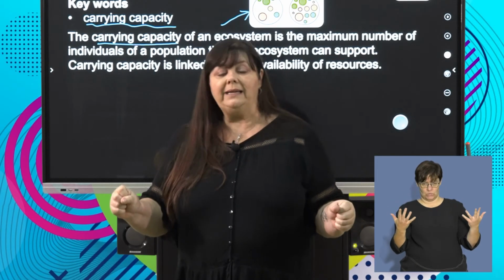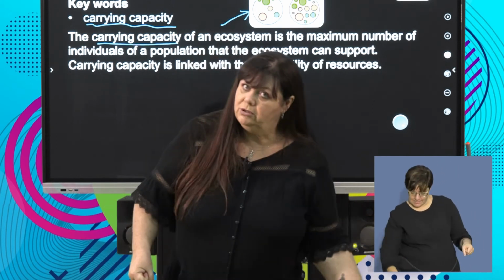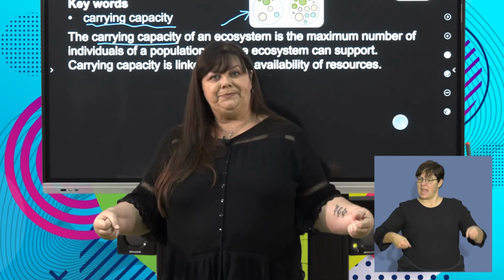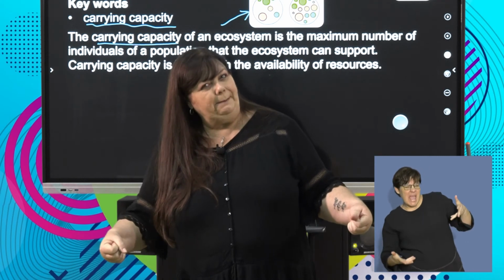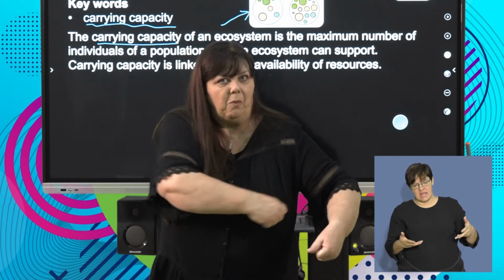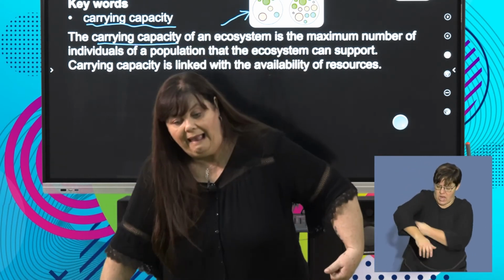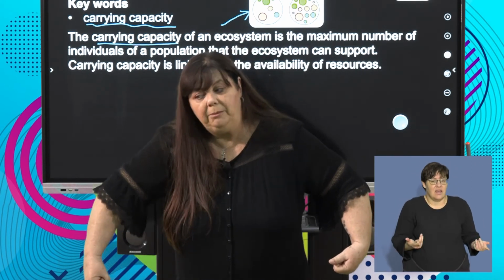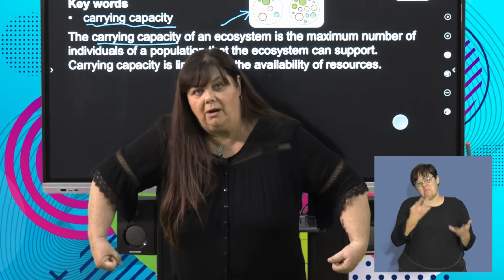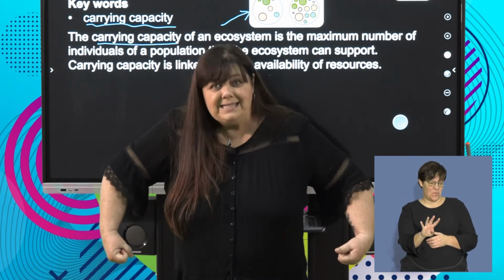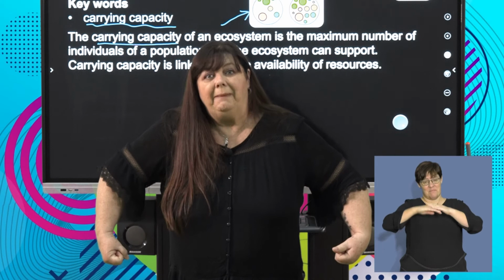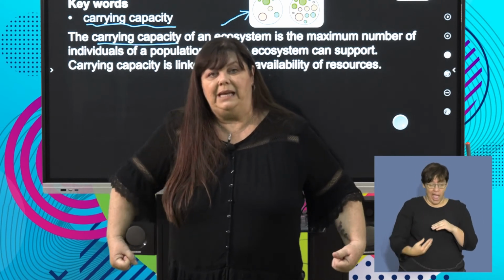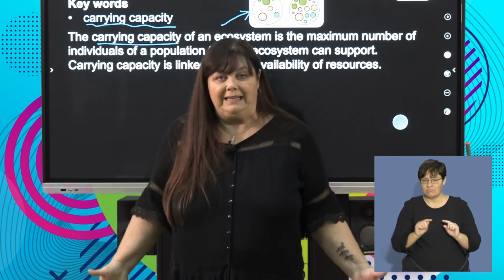That means I can pick up 2 suitcases. Maybe at a push I could shove one under this arm and one there. Oh, maybe I can carry 3. All right, if you help me, you can push another one under this arm. I've got 4, but I've now reached my carrying capacity. I can't carry anything more.